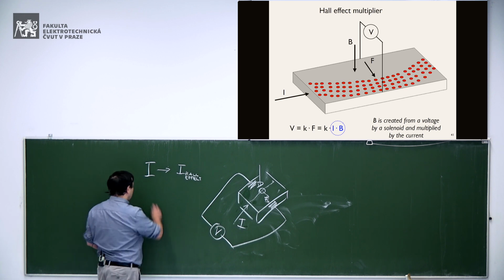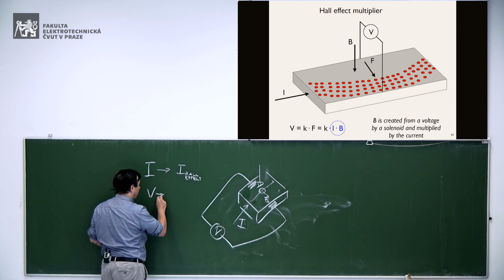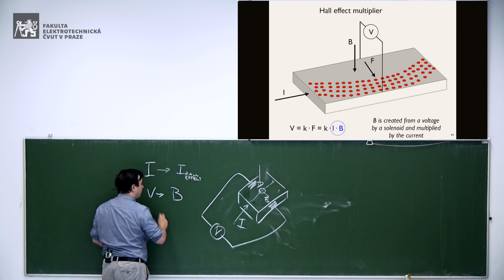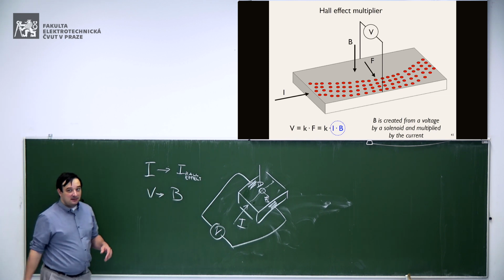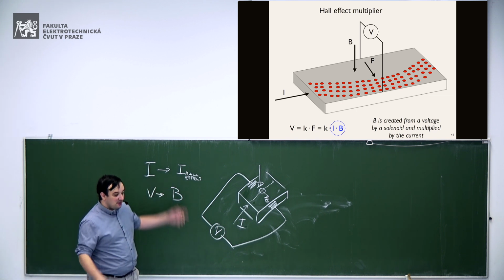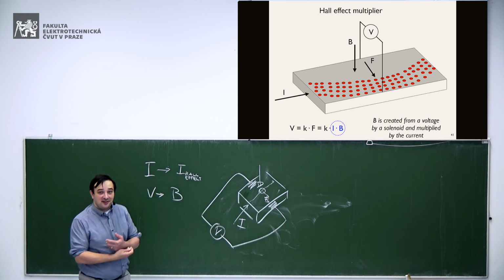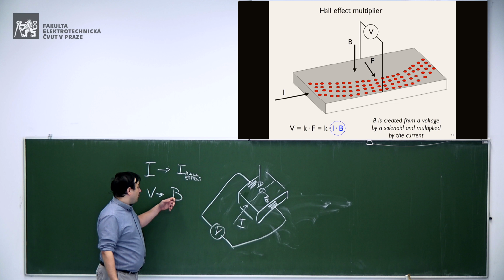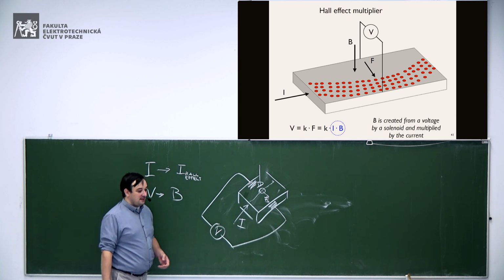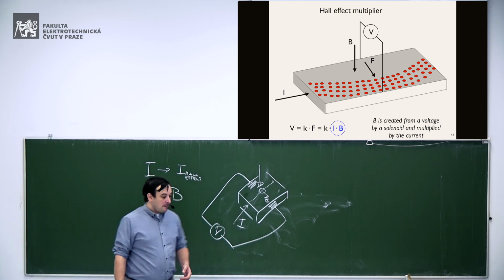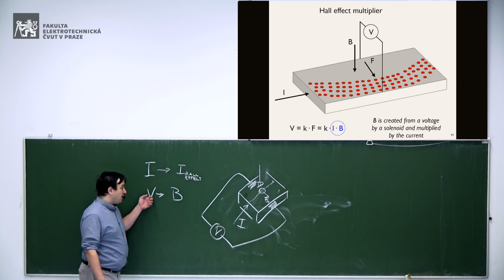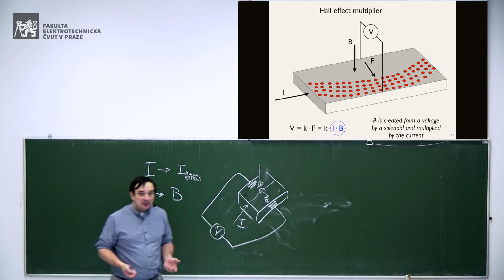Then the voltage will be used to create a magnetic field, or in this case I'm saying B, so it's magnetic flux density, okay? But we say magnetic field even if, more correctly, it should be magnetic flux density, okay? For instance, I apply a voltage to a coil.